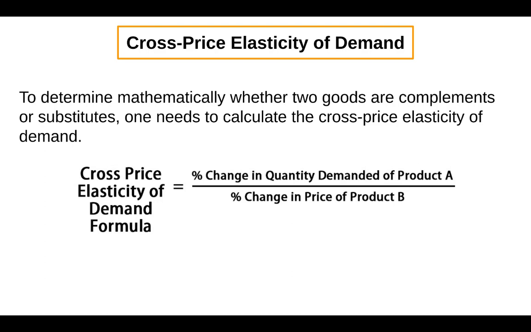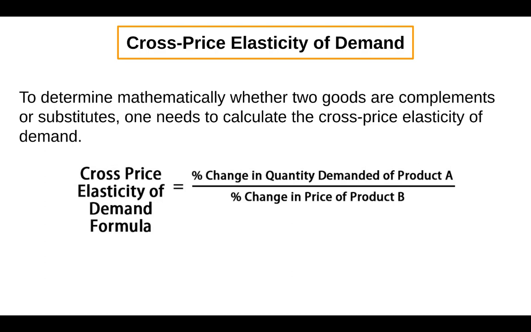It's a formula where it will spit out a number, and that number will tell us whether the two goods are complements or substitutes. So the formula is the percent change in quantity demanded of product A divided by percent change in price of the other product. One thing you should immediately notice here is that there is not absolute value.